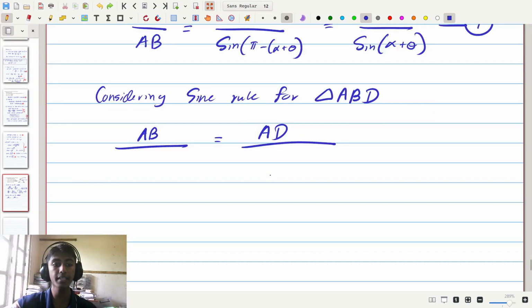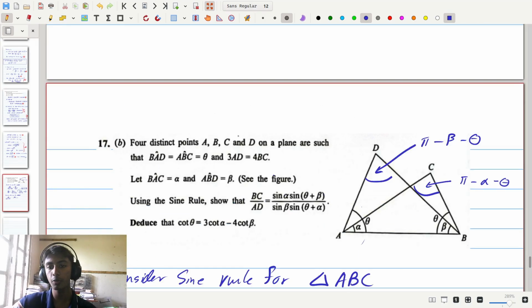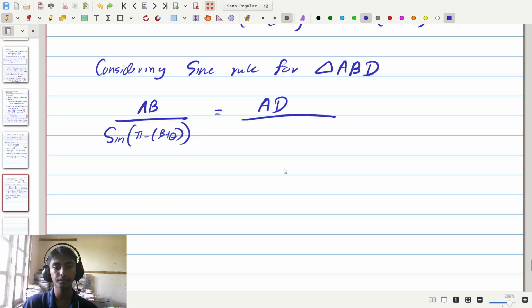So we have AB divided by sine of pi minus beta minus theta, which I'm actually going to write as pi minus beta plus theta, like this, equal to AD divided by its corresponding sine value, which is going to be AD divided by sine beta.